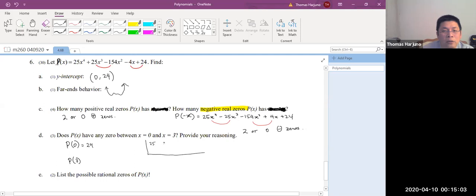25, negative 154, negative 4, 4. I put 3 here. 25 times 3, 75. That's 100.